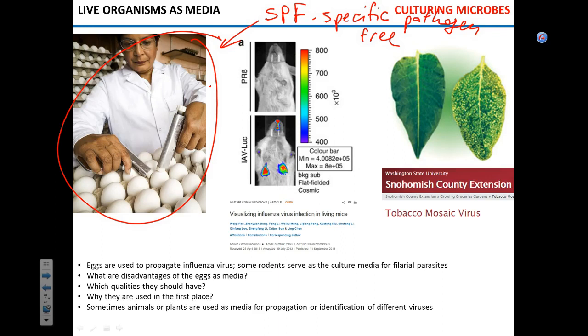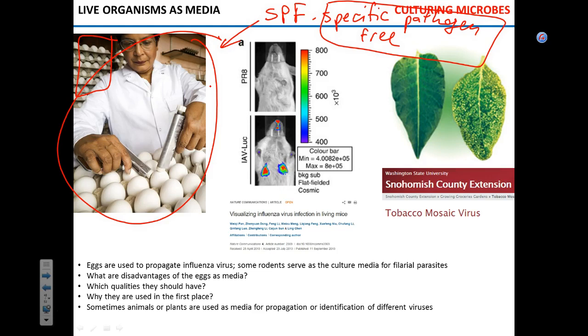So they have no pathogens as far as we know.